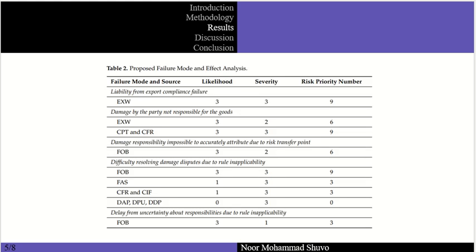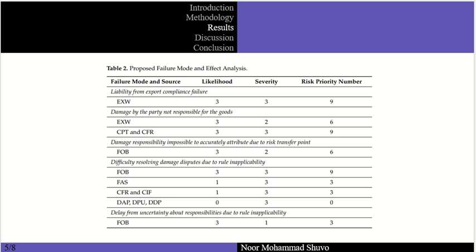Now, coming to the results, it was done via the proposed failure mode and effect analysis. It was done with some parameters. The first parameter was liability from export compliance failure, and number two was damage by a party not responsible for the goods.